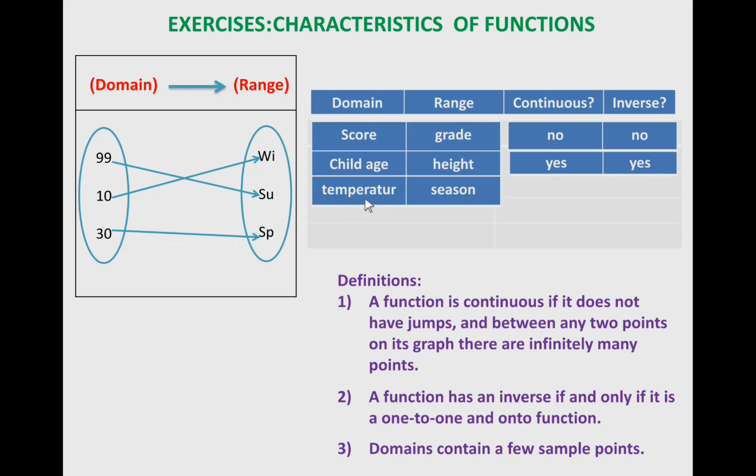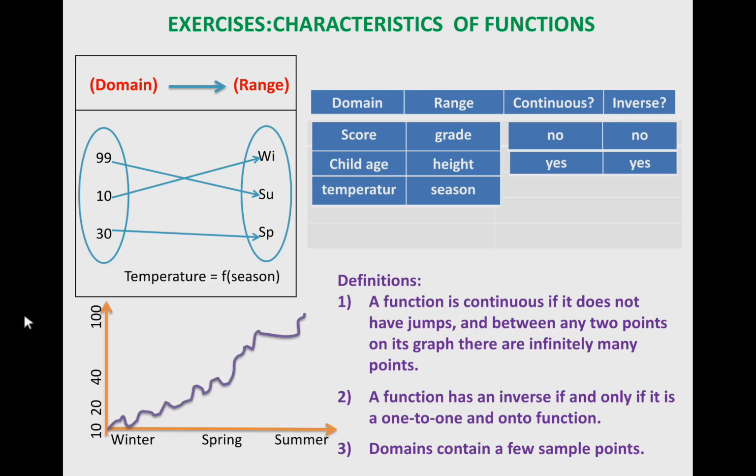Can we answer the questions without looking at the plot? This is a temperature and this is a season. Is this a continuous function? And is this a function that has an inverse? Let's take a look at the plotting. Once again, this is taken from some of the data for the city of Chicago for one of the years.